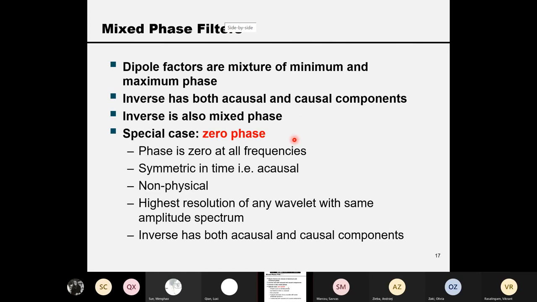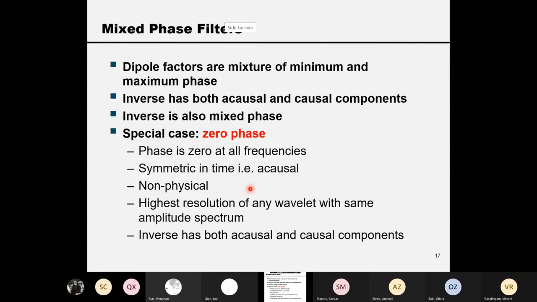Right. One special case is zero phase. Zero phase is not minimum phase, not maximum phase. What is zero phase? Zero phase means the phase is zero for all frequency components. Transform the filter into the time domain, and you will see this filter or wavelet is symmetrical in time.